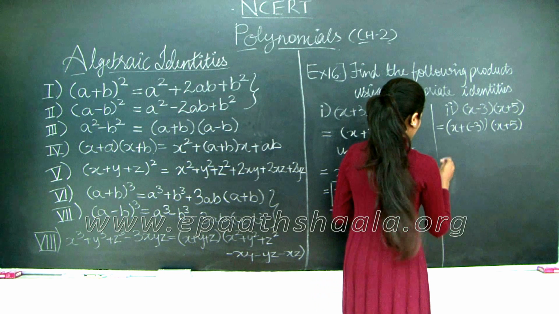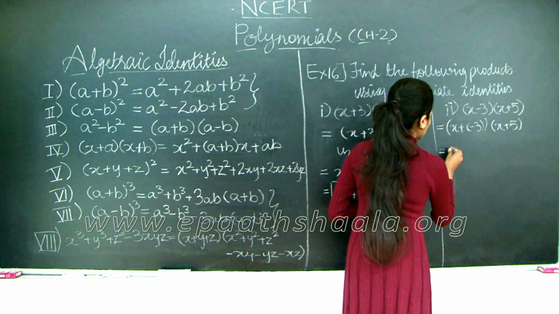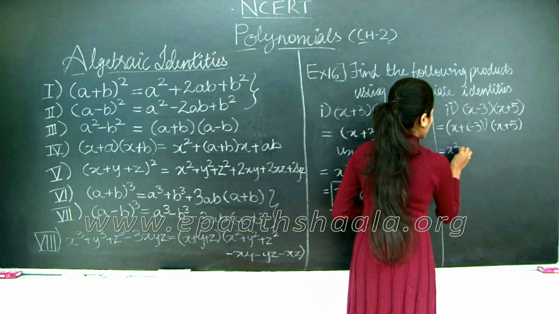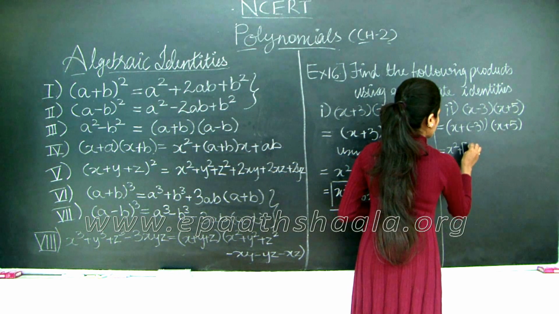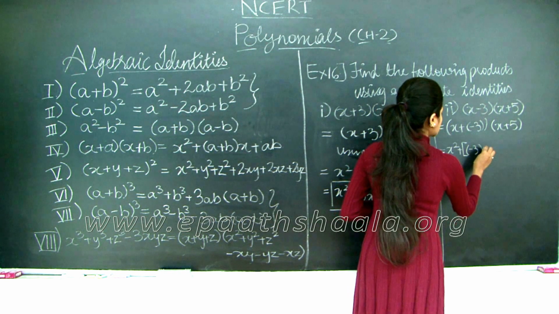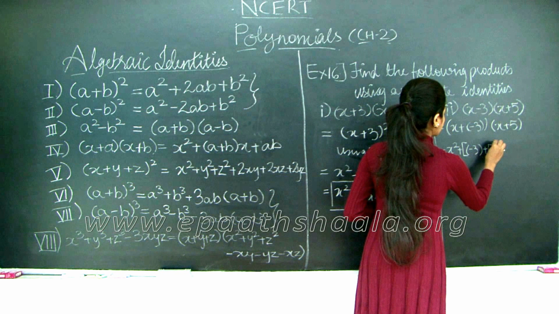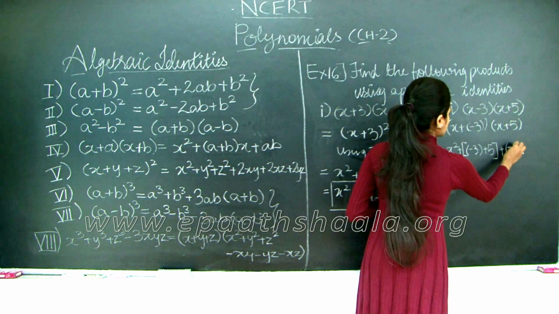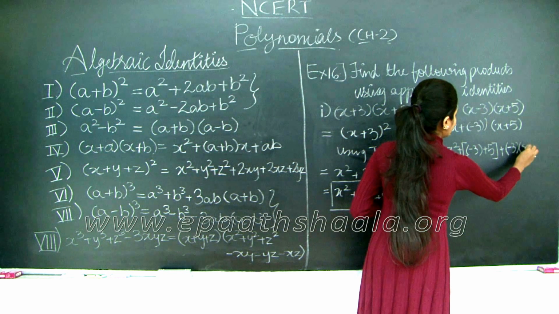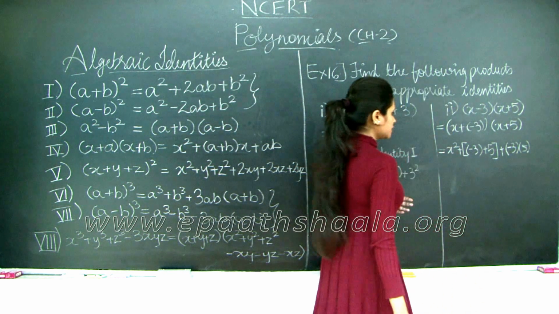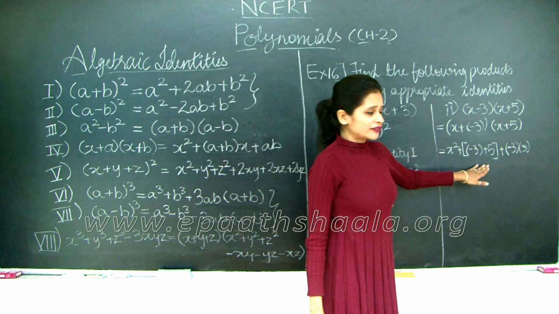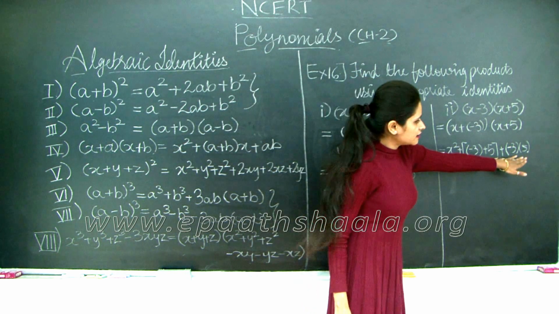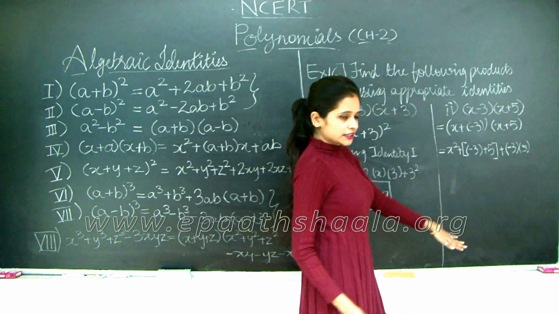I did not write it wrong, just writing it more neatly. I have x square plus minus 3 plus 5 plus minus 3 into 5, right? I'm going to solve the ones in the brackets here and this one as well, right? So I'm solving the brackets first.